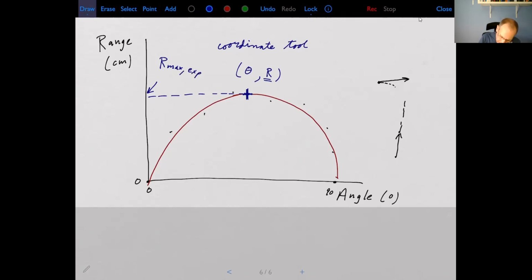And this value is your theta, the optimal angle, so theta optimal experimental. It's the maximum range and the angle at which it occurred.